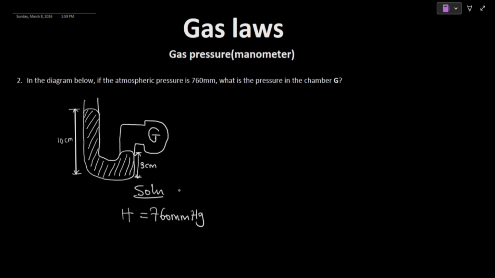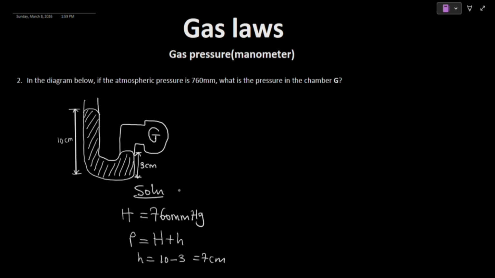Looking at this again, the gas pressure is greater than the atmospheric pressure, so the formula is given by P equal to H plus small h, right? So how can we get small h? Small h is simply 10 minus 3, and that will give us 7 centimeter.